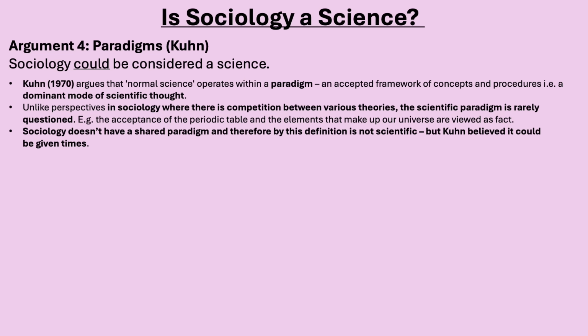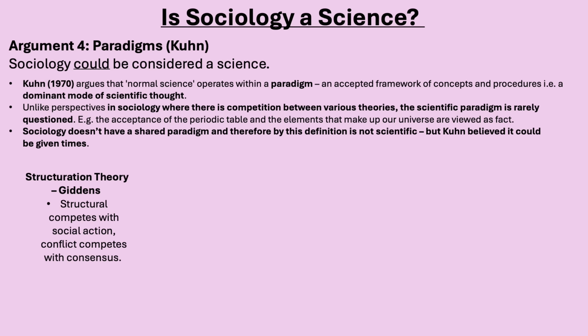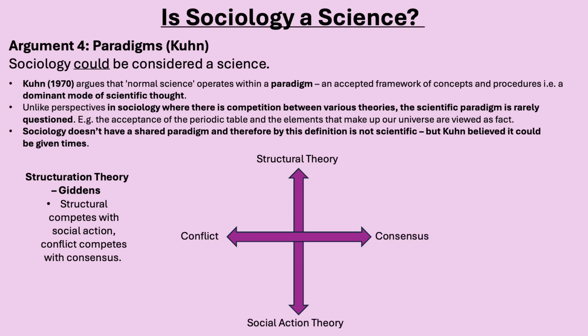And when they do find a new element, which they have in the past, it all becomes agreed, they'll go, yeah, okay. Sociology doesn't have a shared paradigm, however, and therefore, by its definition, it is not scientific. But Kuhn believed it could be in given time, because again, sociology is only a new concept, really. And this links to structuration theory by Giddens.